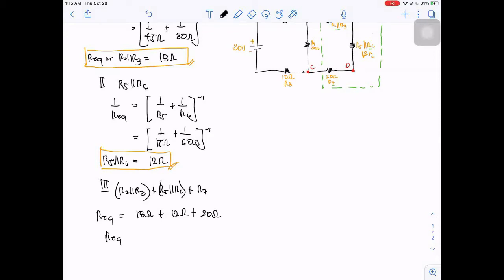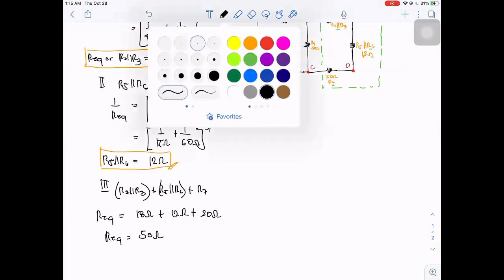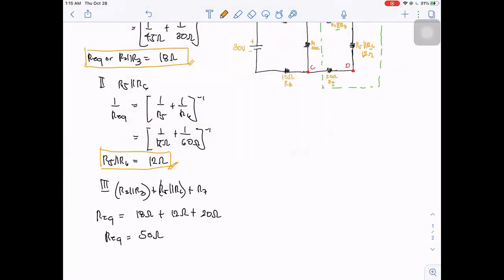So the equivalent resistance will total 50 ohms. Just check on the value.